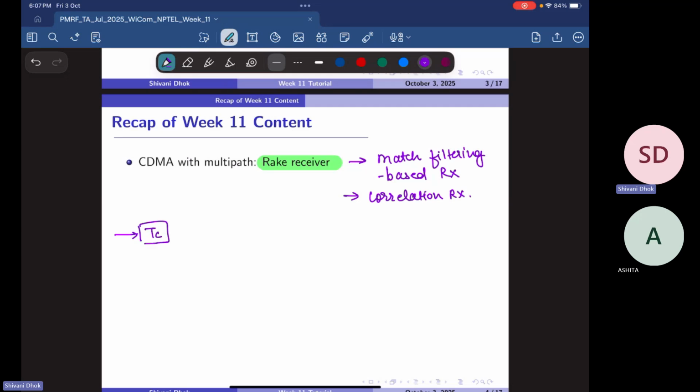Then we have L delays, then we have a gain, and then we add them.